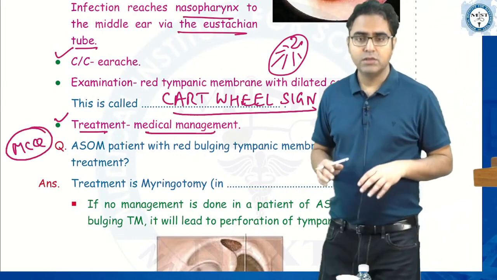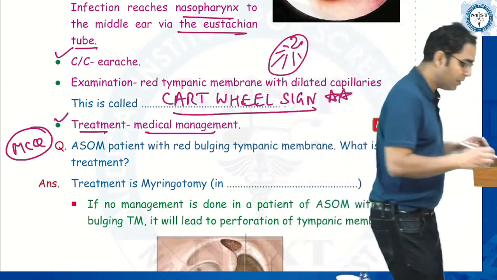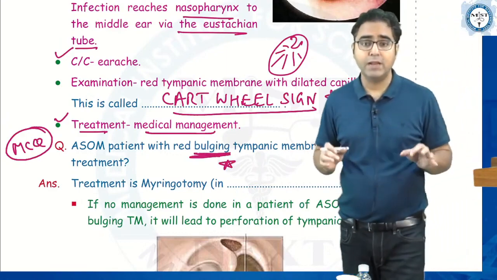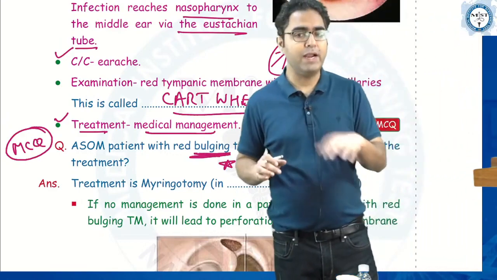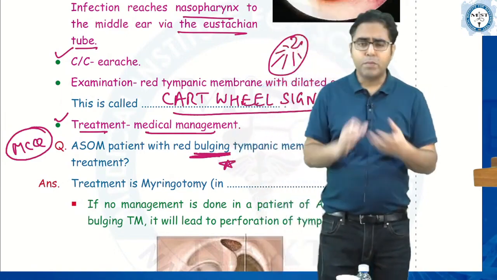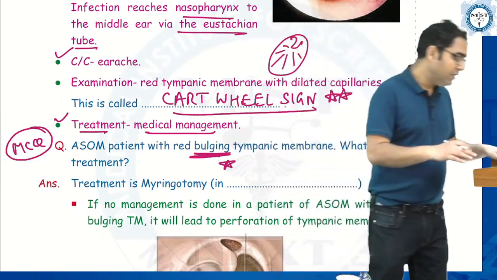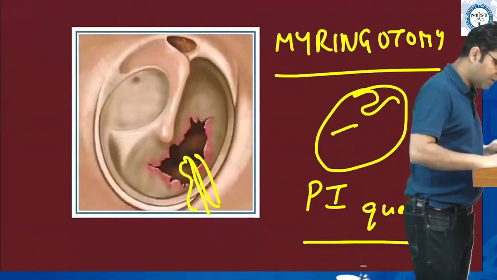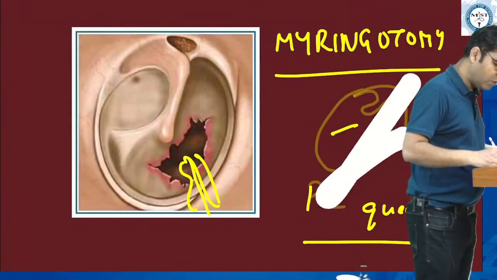ASOM patient with red, the key word is bulging tympanic membrane, not just red tympanic membrane. Red and bulging tympanic membrane means there is so much pus filled in the middle ear that if you did not do anything, nature is going to cause perforation of the eardrum and the pus is going to come out.